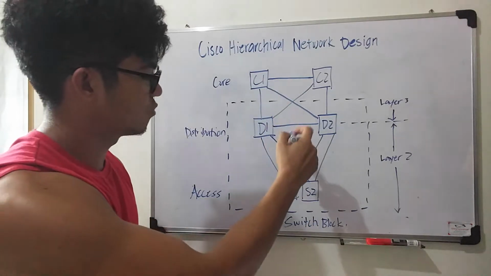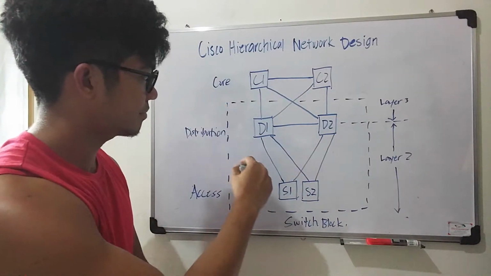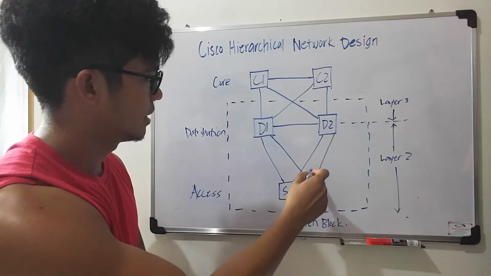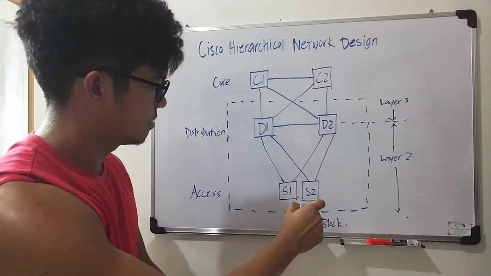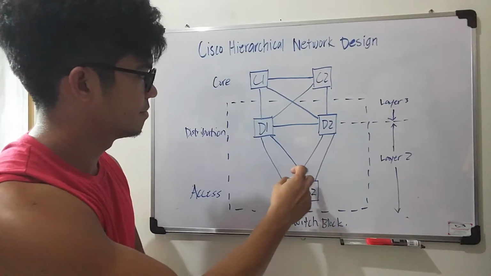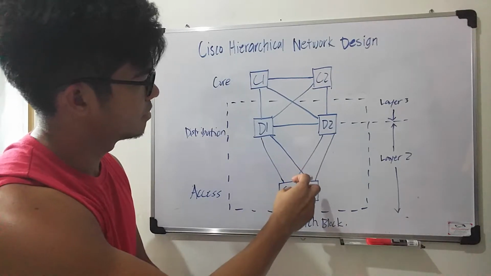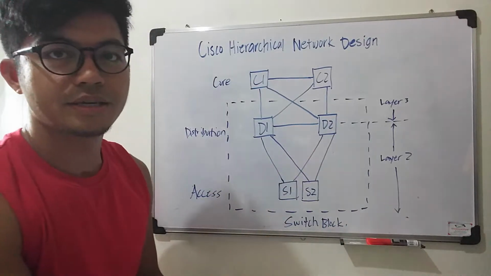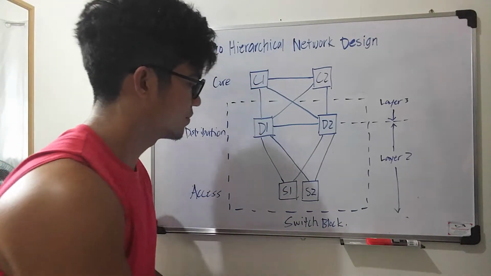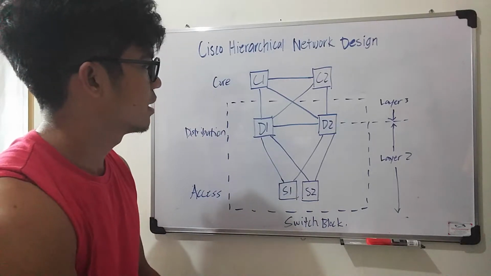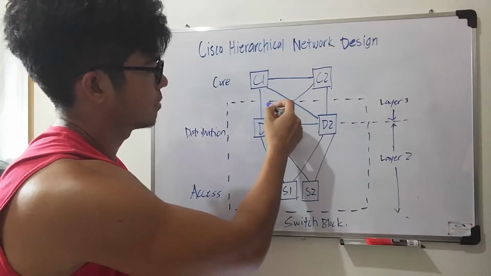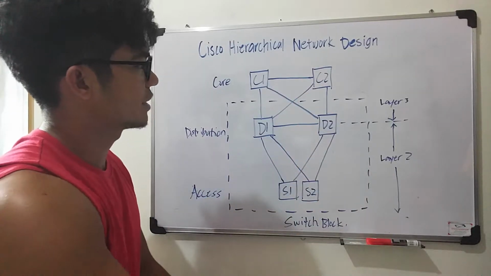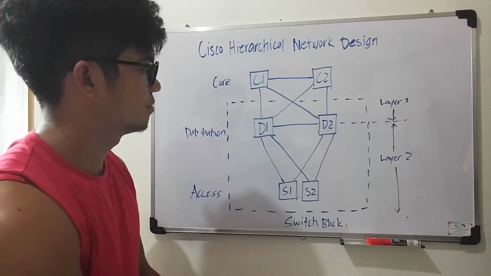This is called a switch block because this is where all the layer 2 stuff is happening, except on these ports right here, which are connected to the core layer switches.